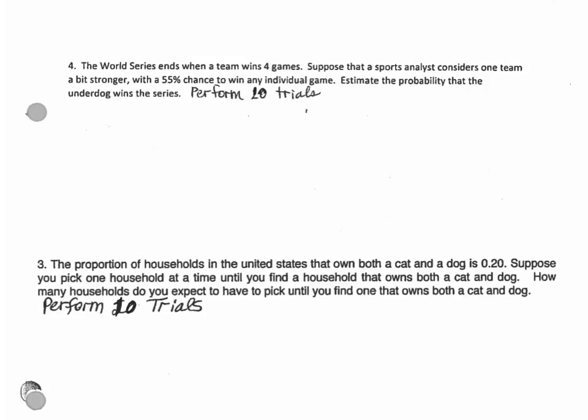2-digit numbers. Okay. What is each 2-digit number going to represent in this problem? A game in the World Series. Good. So each 2-digit number is going to represent a game in the World Series.